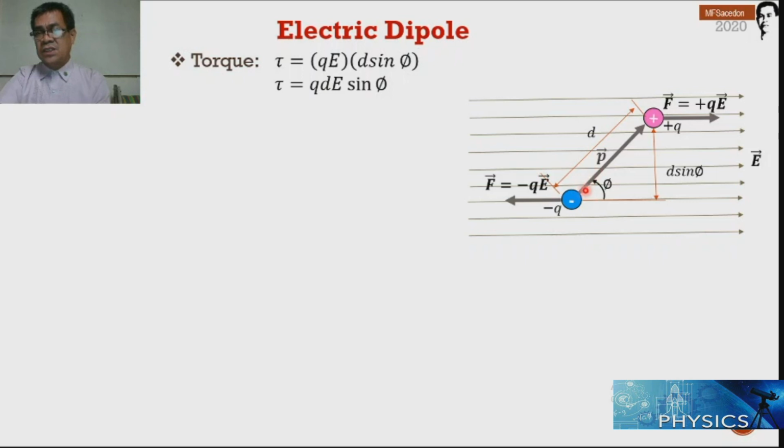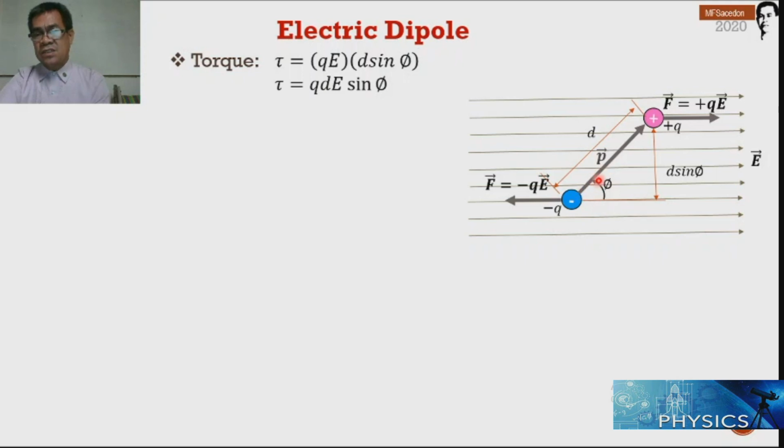So this vector quantity, the electric dipole moment, has an angle P from the electric field. Therefore, because of the presence of the angle between the electric field and the dipole moment, the dipole will rotate.